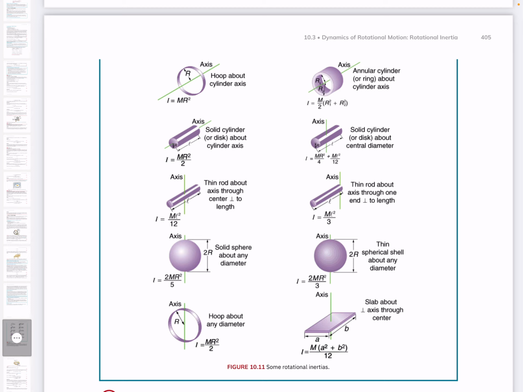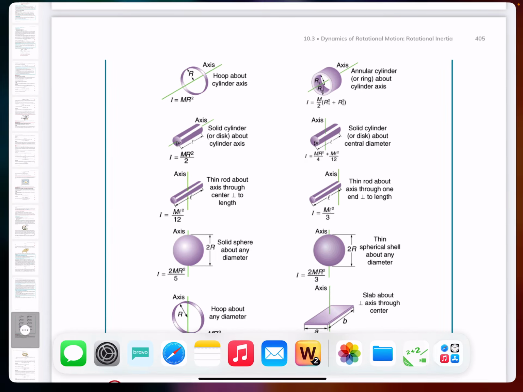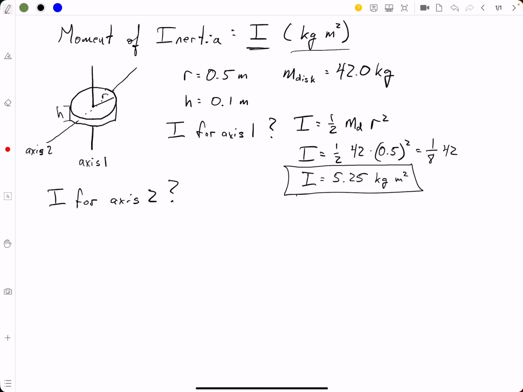It's I equals ml squared over 12. Okay, it's a thin rod, but it's not really a thin rod. It's more like a disc. So we're shrinking that L down, but that's the rotation that it's going to be doing. So that's the one we want. I equals ml squared over 12.